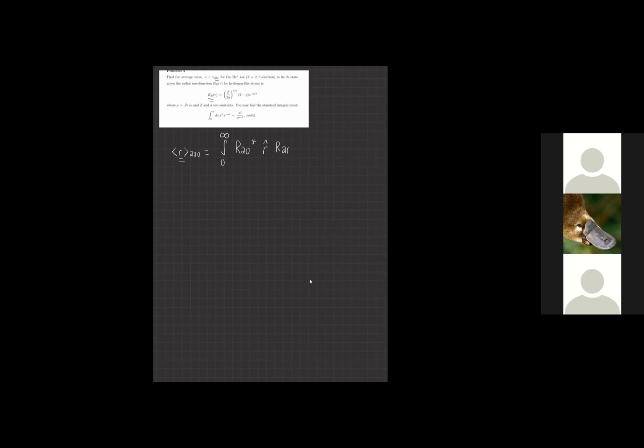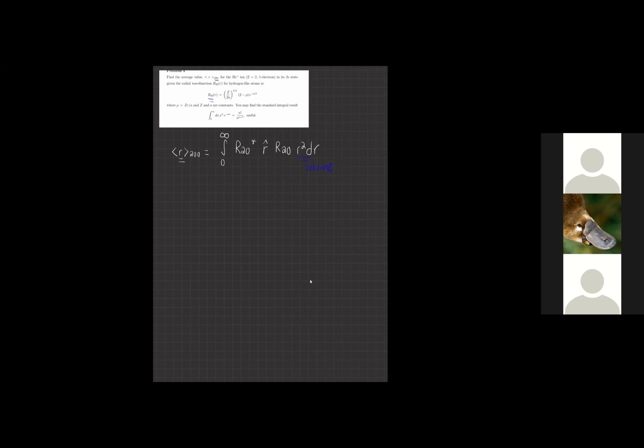function. And we have dr of r squared dr, which are the volume elements, and that always must be in the question. Wait, what was that? Oh, I was saying r squared dr has to always be here. Okay.